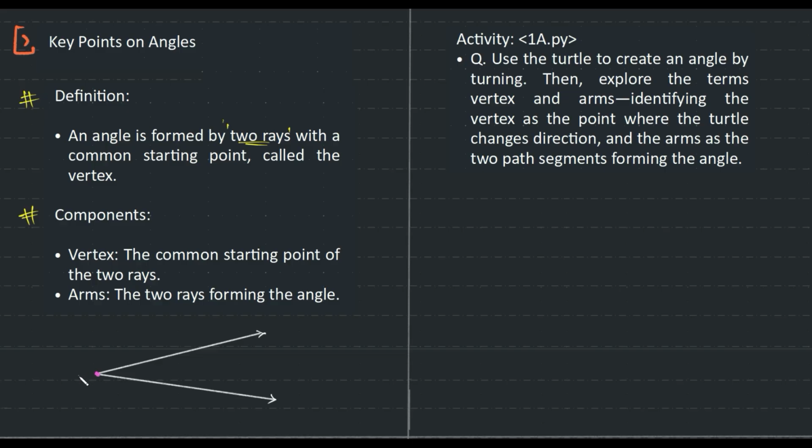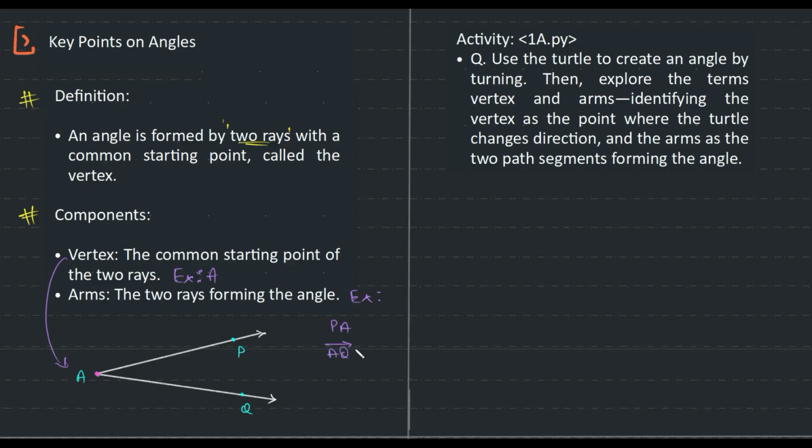So say this is point A, this is P, and this is Q. This is your vertex. So in our example, it's point A. And the two arms, in our case, it is PA and AQ.